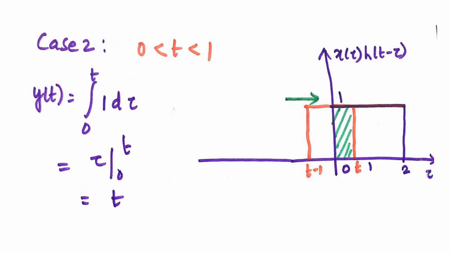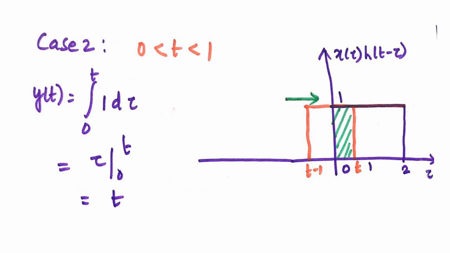So t is between 0 to 1. Now you will observe that when we have drawn both graphs, x of tau and h of t minus tau, in the same graph, we have shaded the region between 0 to t, wherein a product exists, of amplitude 1.